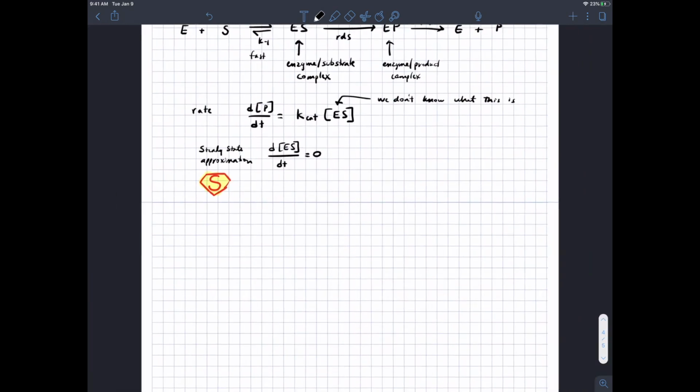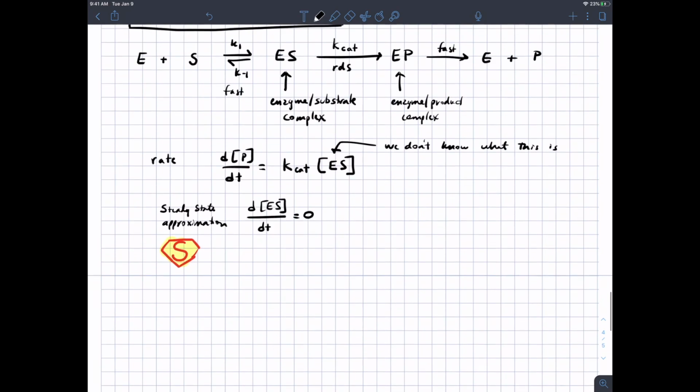And so that allows us then to write a steady state equation like we've done before, where we say, okay, the rate of change in the concentration of enzyme substrate complex is going to equal 0, but that rate has various contributing factors. One of them is the forward binding rate constant.